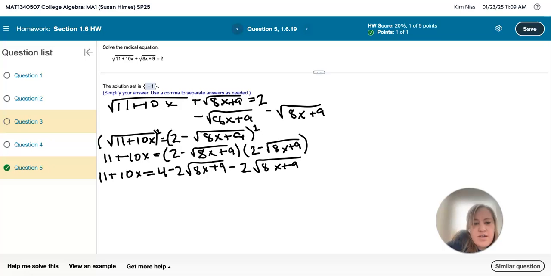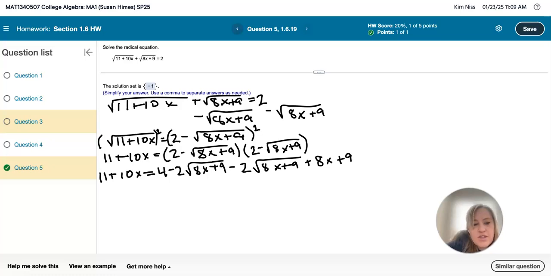And when you take this negative square root 8x plus 9 and multiply it by negative square root 8x plus 9, really all that happens is your sign becomes positive, because you're multiplying a negative by a negative. And then you're taking a square root and squaring it, essentially. So you're just eliminating that square root and turning it into positive 8x plus 9.